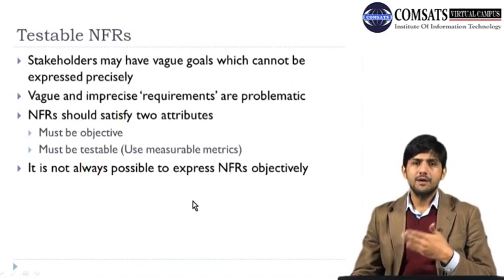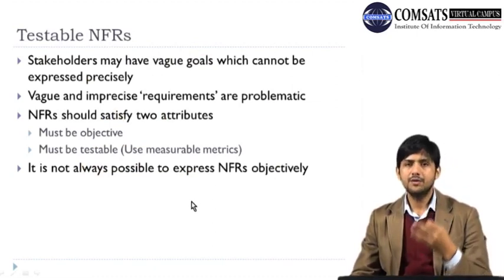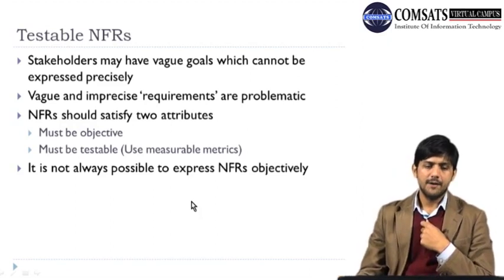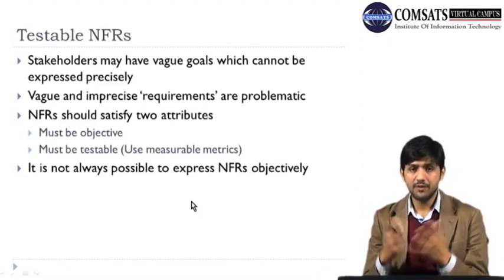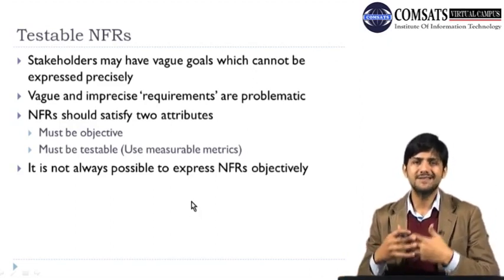One of the qualities we said about requirements is that they should be testable. So how can we make these non-functional requirements testable? This is a very big problem with non-functional requirements, because a stakeholder may have vague goals which cannot be expressed precisely.